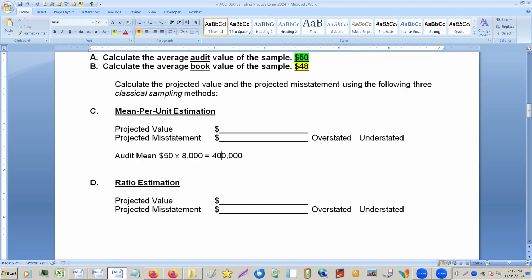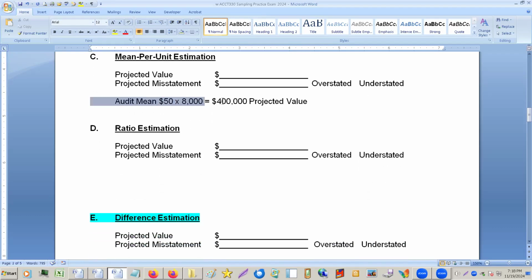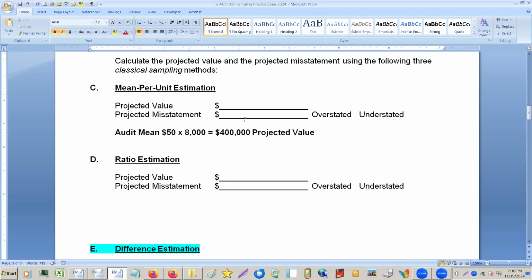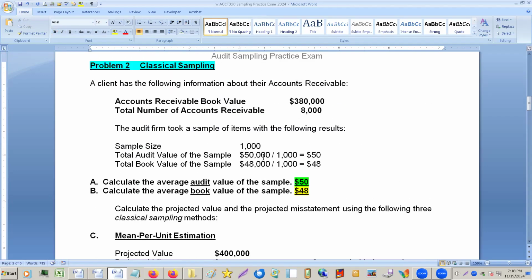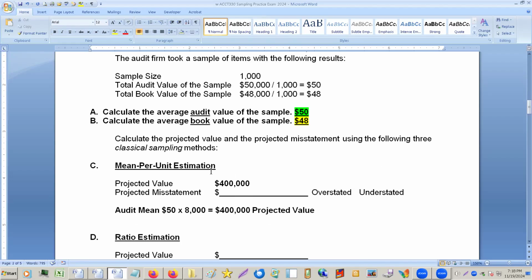So this will be the projected value. And the book value is 380,000.